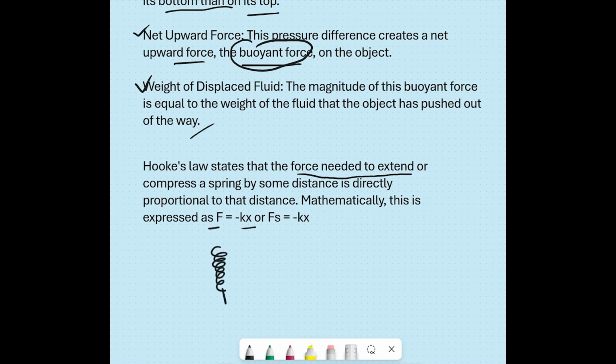So if we hang an object, so let's say this is the object, as a result the weight or the force will apply, and from here it will extend up to this distance. In that case, as I said, by the postulate, the spring is expanded by a distance x, and the force will be directly proportional.